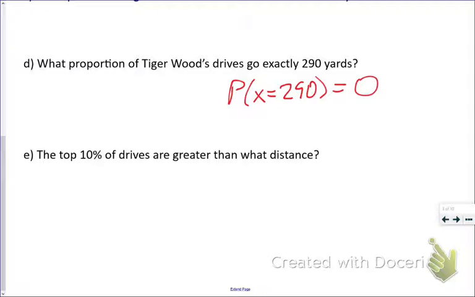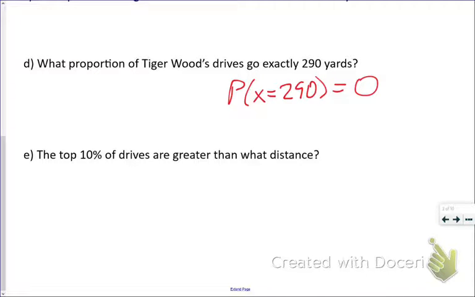This has no width to it, so it has no area. So proportion is area under the curve. If it has no area, it's 0. Yes, we could calculate this if we wanted, but we don't have to. That's not what they asked. So it's 0.